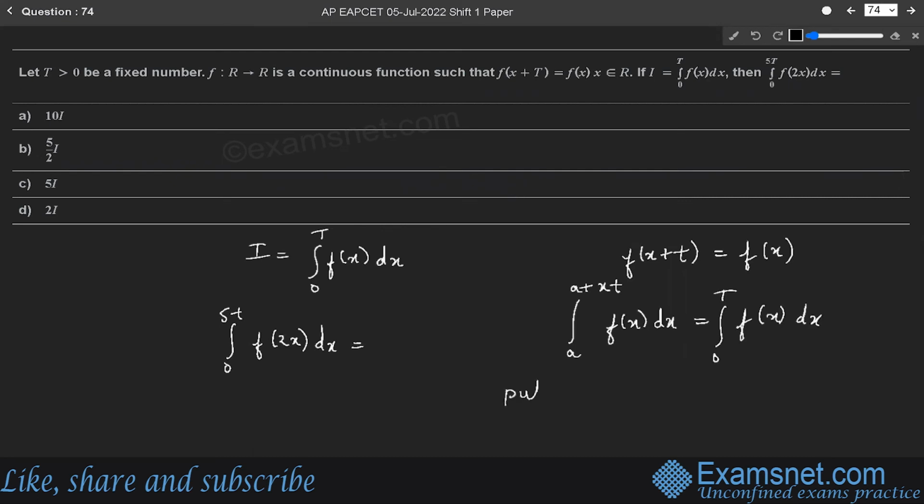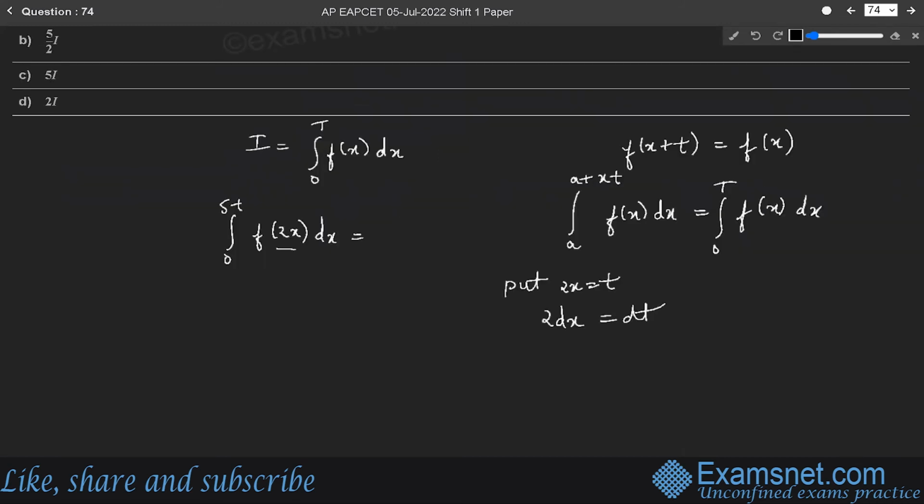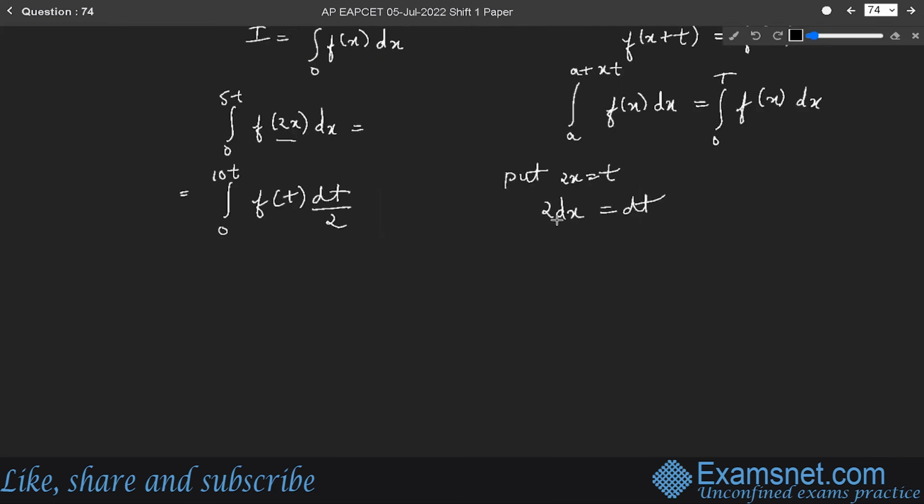So put 2x is equal to t here, then 2 dx is equal to dt. So on substituting the values, it will be equals to integral of 0 to 10t f of t into dt upon 2, because we know that dx will be dt by 2.